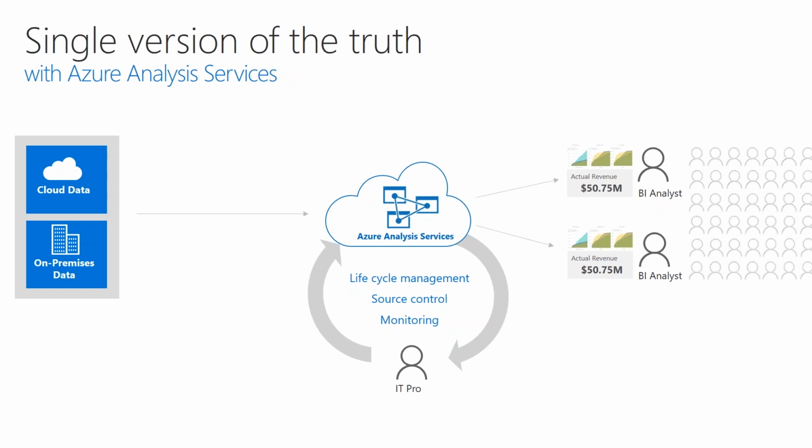And then that calculation goes into our analysis services model. And that way it doesn't matter if it's somebody in finance or somebody in marketing or just somebody in HR that wants to go out and pull some of this data. They always have the exact same profit. They always have the exact same revenue. They always have the exact same headcount. Everybody is looking at the same version of the truth.